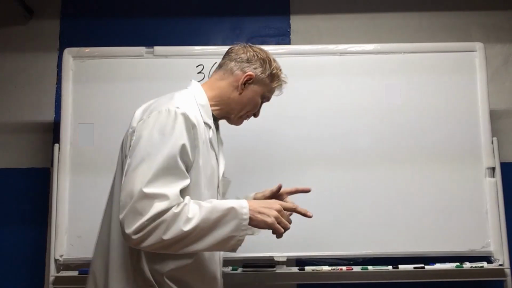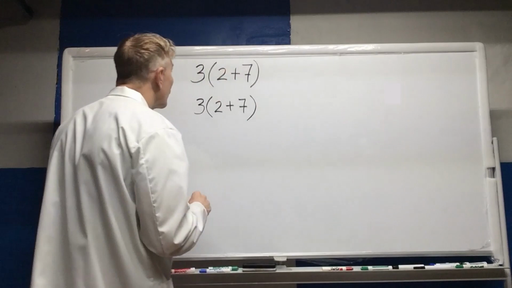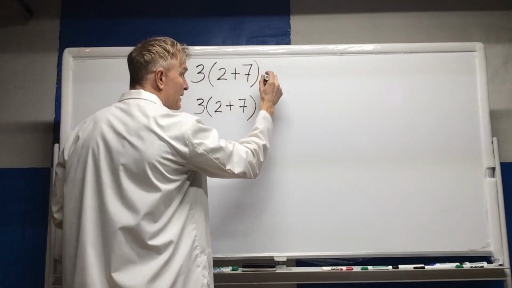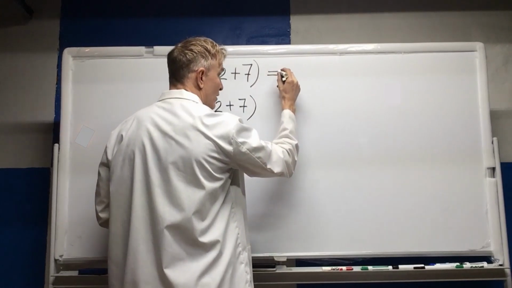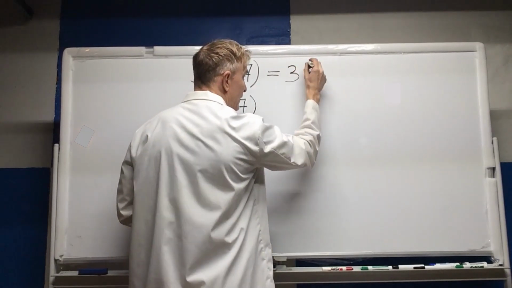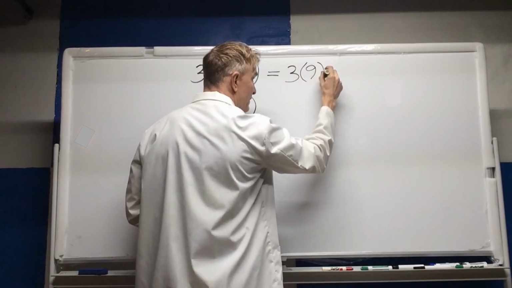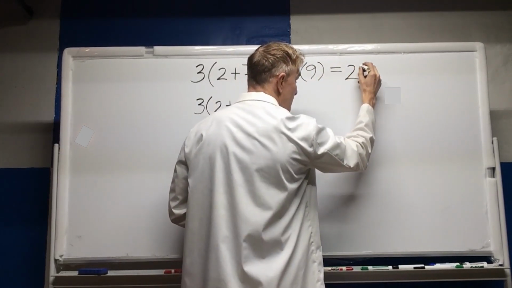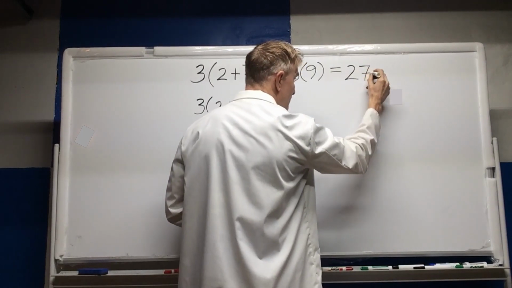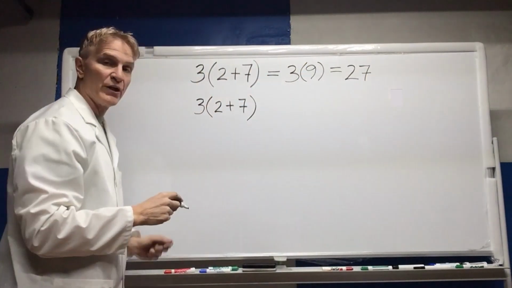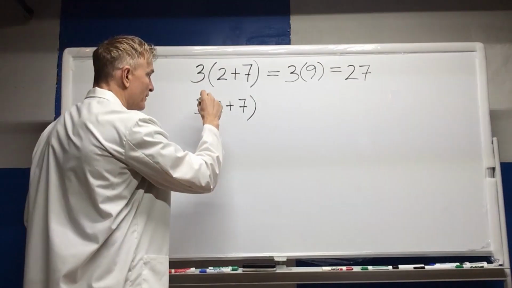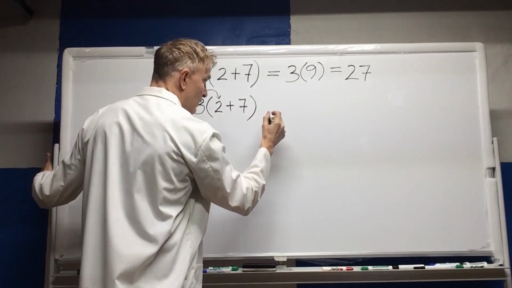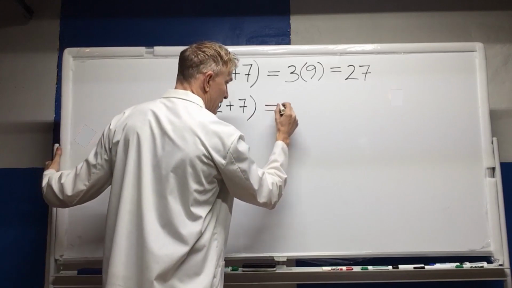For instance, 3, we know 3 times the inside would be 3 times 9 equals 27. But if we use distribution, this would be 3 times 2, which is equal to 6.